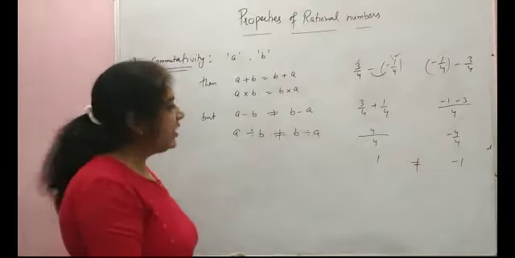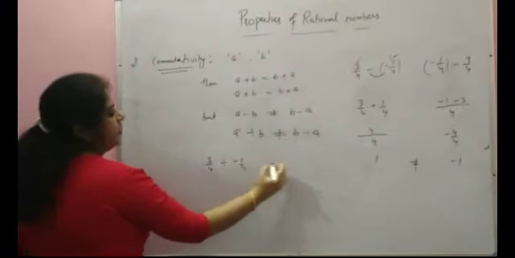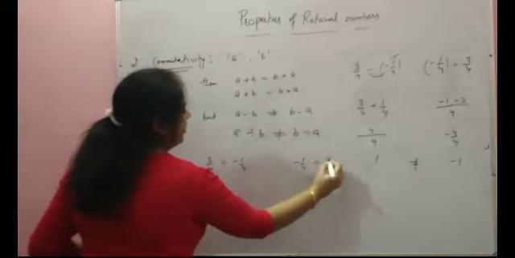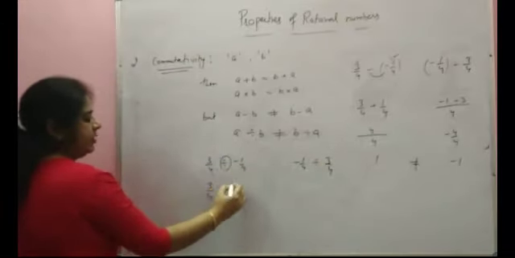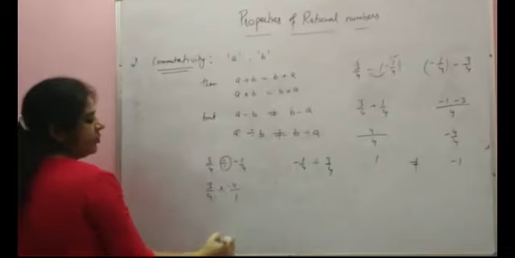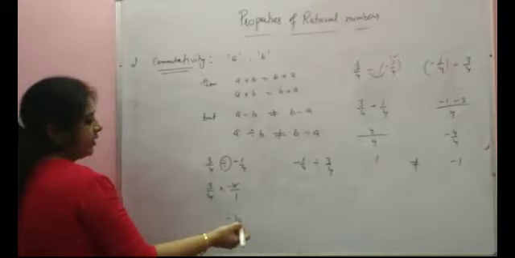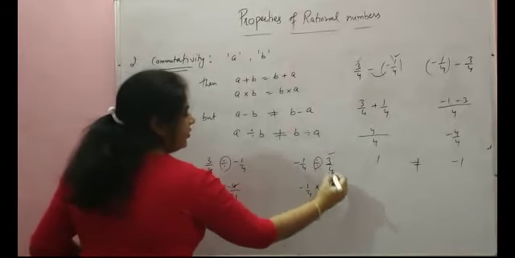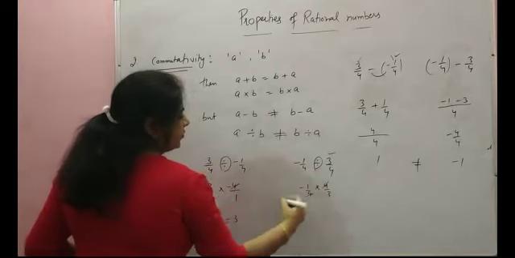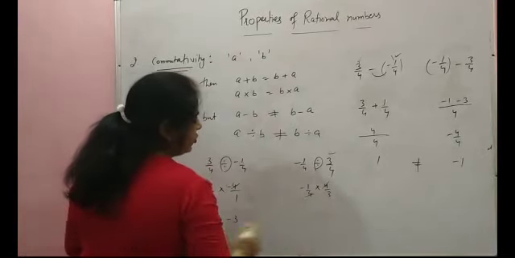Same if we divide this by this, or this by this. 3 by 4, change this to multiply and take the reciprocal of this. The answer would be minus 3 by 1, that is minus 3. Now take the reciprocal of the other one. What would the answer be? Minus 1 by 3. So these are not the same.